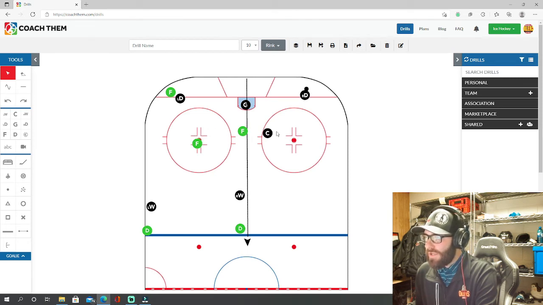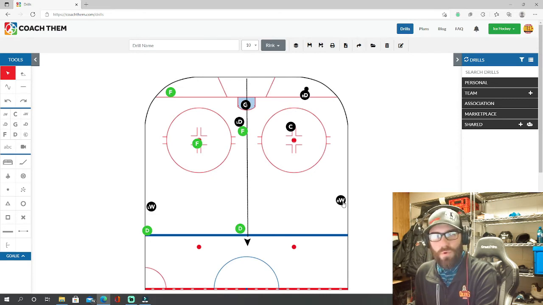Our center supports across the ice here. And our other defenseman, who was our strong side D, now becomes our weak side D in front of the net. Our weak side wing now becomes the strong side wing and must get over to the boards here. And our strong side wing now becomes our weak side wing and must come to the middle of the ice.